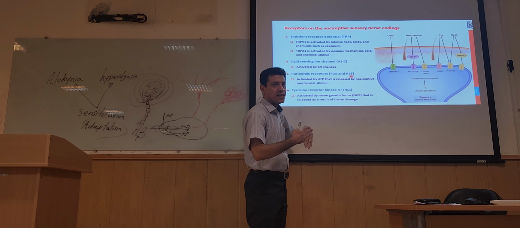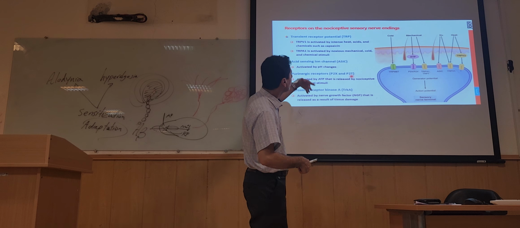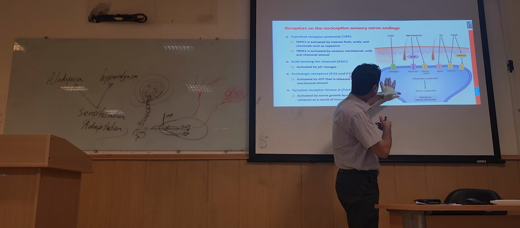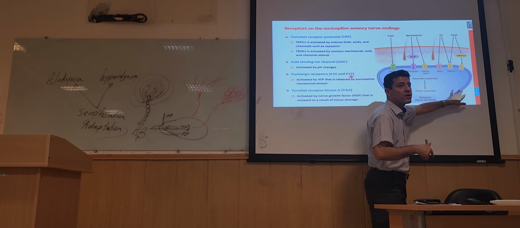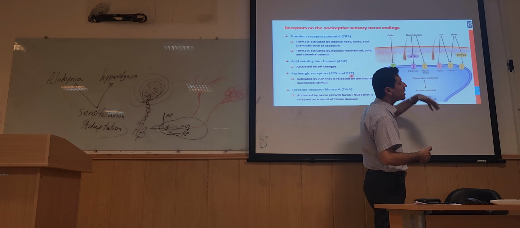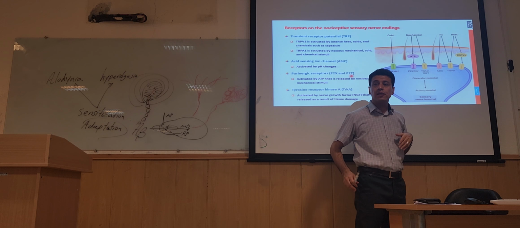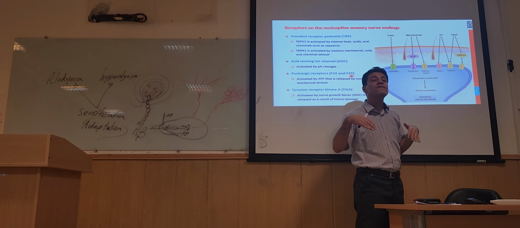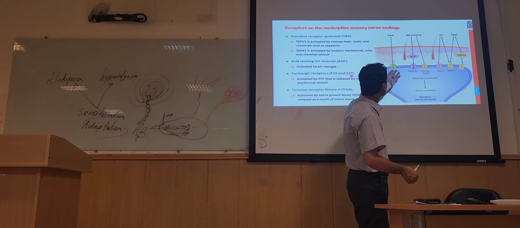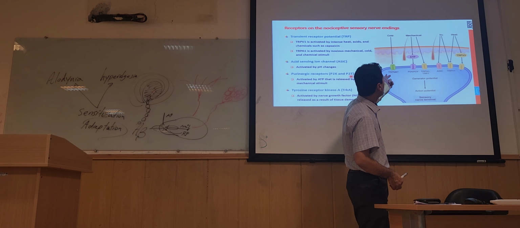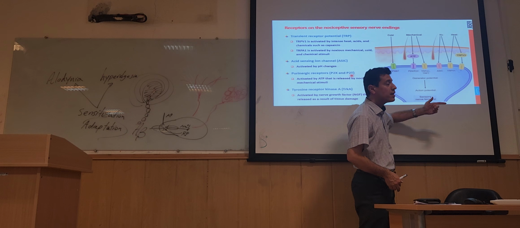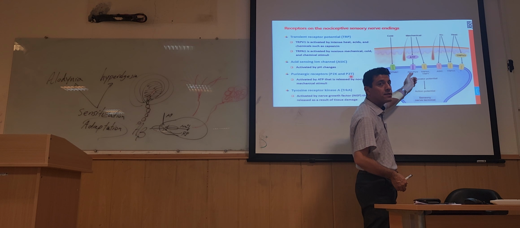V stands for vanilloid. Different types of channels are expressed in the membrane of free nerve endings, and they can detect different types of pain. Some of them are thermal pain, others are mechanical pain, others are sensitive to ATP.